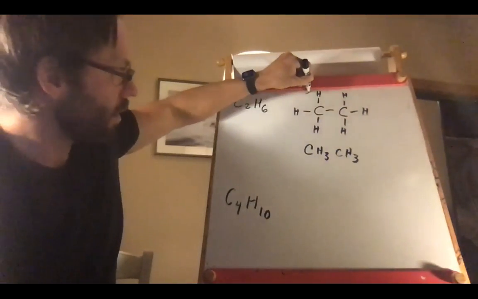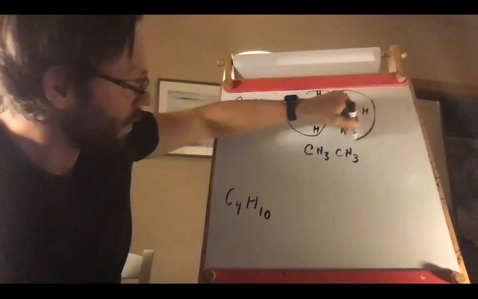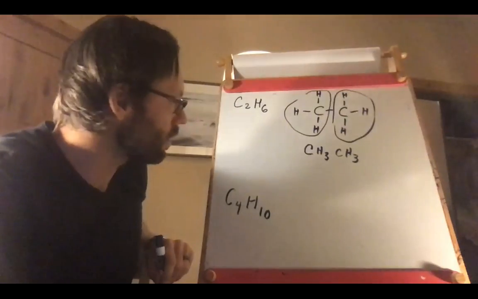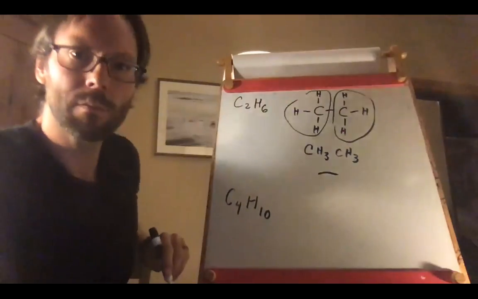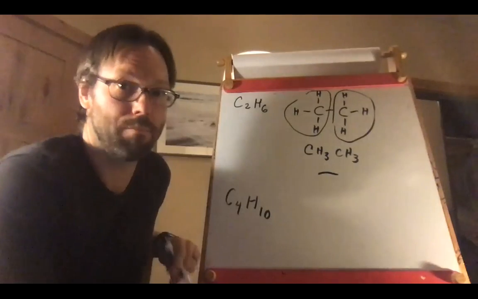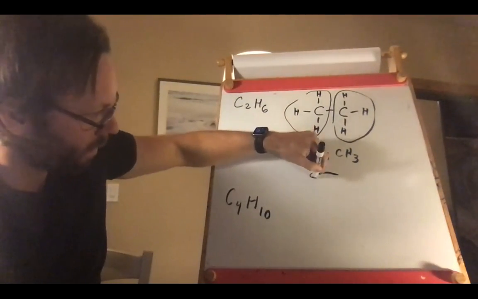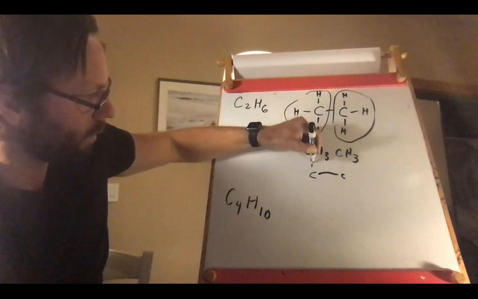Representing this carbon with 3 hydrogens and this carbon with 3 hydrogens. And then the skeletal structure will just be that. Pretty simple, right? Because again, on each side of the line is a carbon, and then, right, the hydrogens.